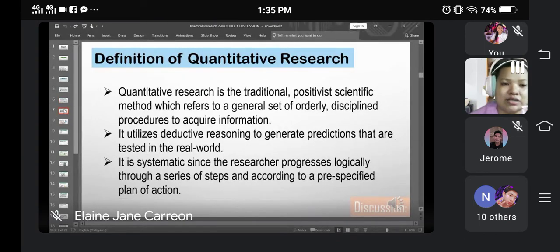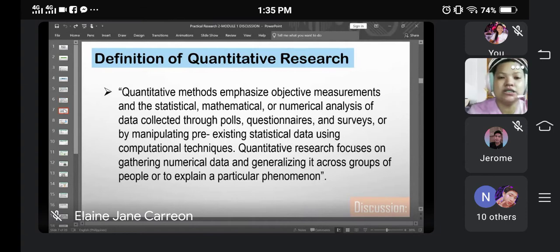Now, let's come up with the precise definition. Quantitative methods or research emphasizes objective measurements and the statistical, mathematical, or numerical analysis of data collected through polls, questionnaires, and surveys, or by manipulating pre-existing statistical data using computational techniques. Quantitative research focuses on gathering numerical data and generalizing it across groups of people or to explain a particular phenomenon.